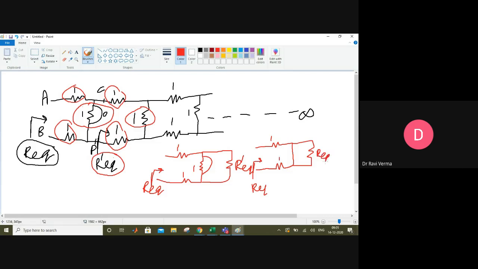Now 0 ohm in parallel with R equivalent dash, what will be the resultant? Zero. So it will look like a short circuited wire. 0 ohm is a short circuit. So three things are in series: 1 ohm in series with 0 ohm in series with 1 ohm. What is the equivalent? Two.